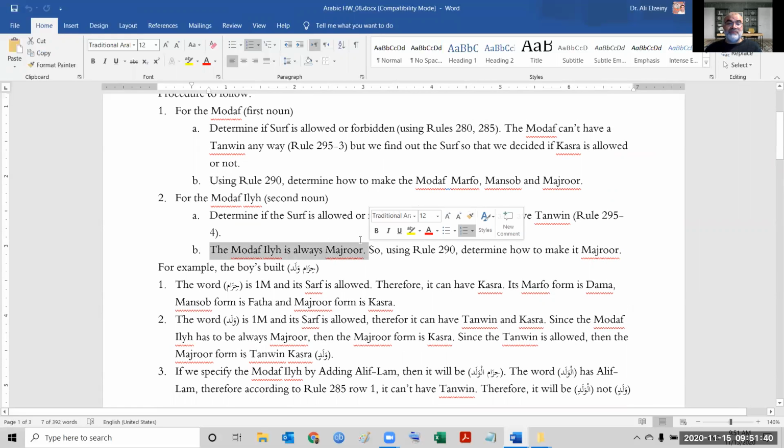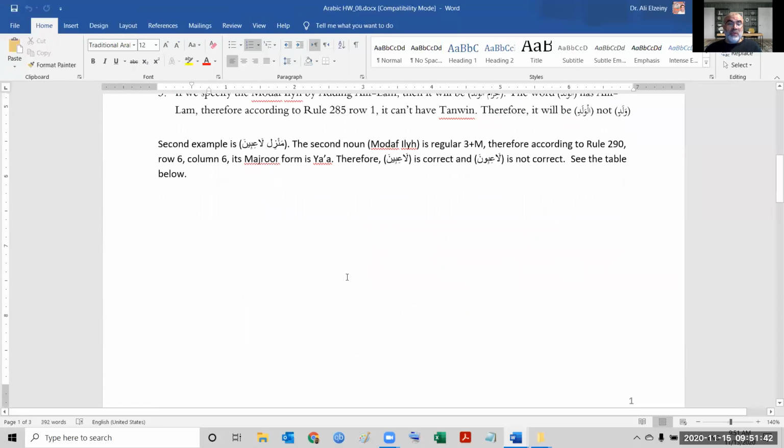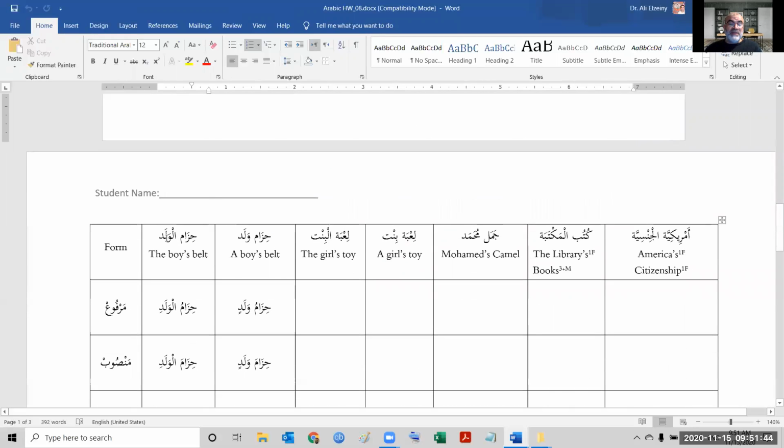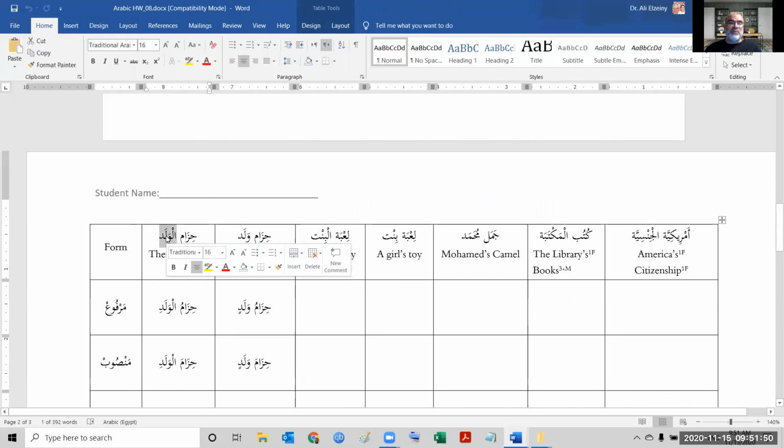So what is the second noun? We determined that the second noun is the boy. Sarf is allowed. However, because we have alif lam, we cannot have tanween.